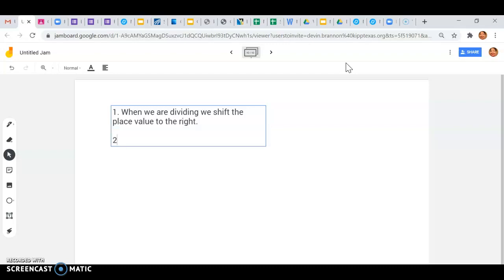And then 2, when we are multiplying, we are shifting to the left.